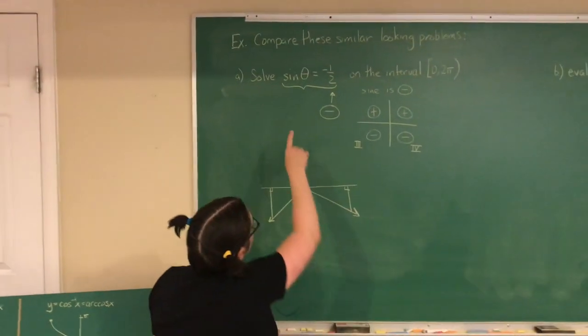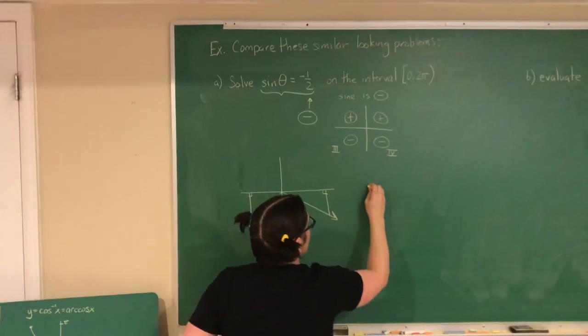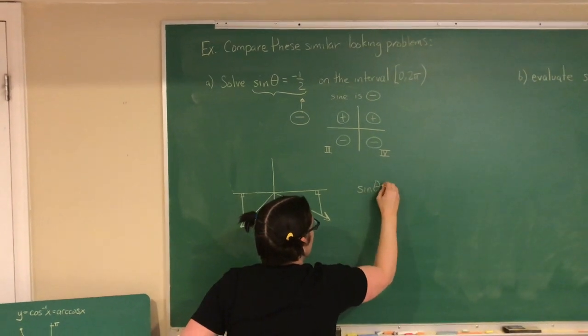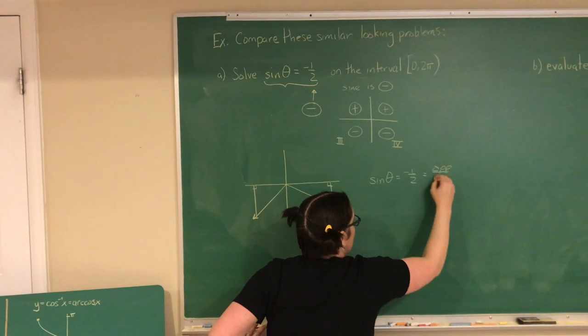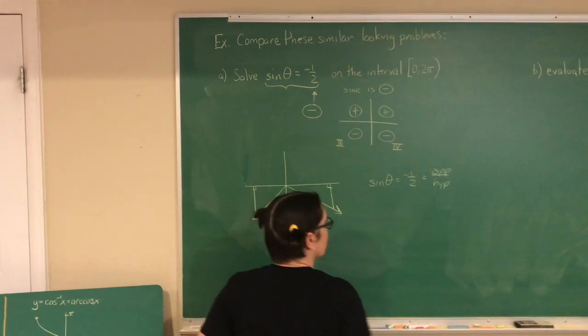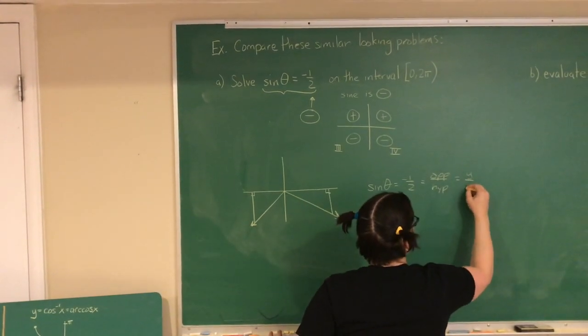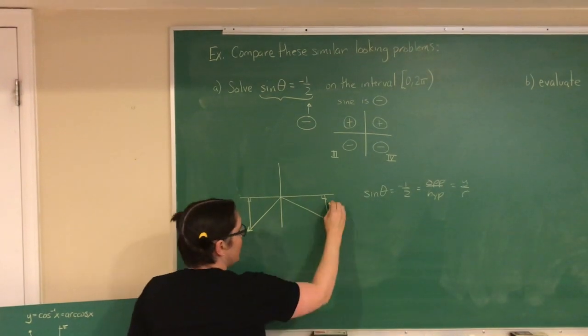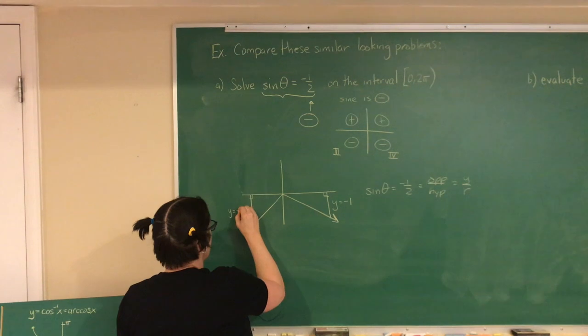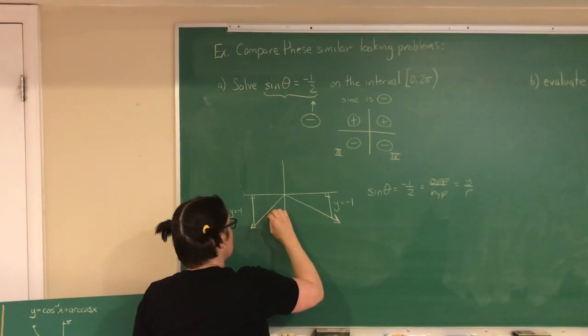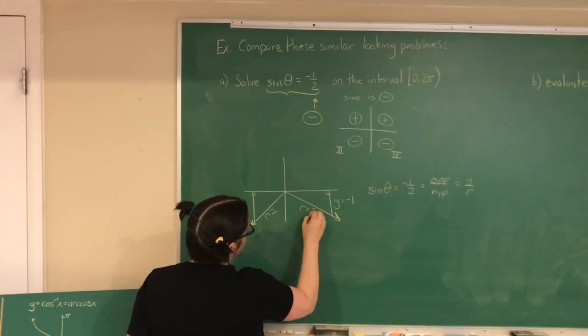Okay, so I'm going to draw my reference triangles. And thinking about sine of theta equals -1/2, sine is opposite over hypotenuse, or y over r. So that means that the y value on these triangles will be -1, and the r value will be 2.